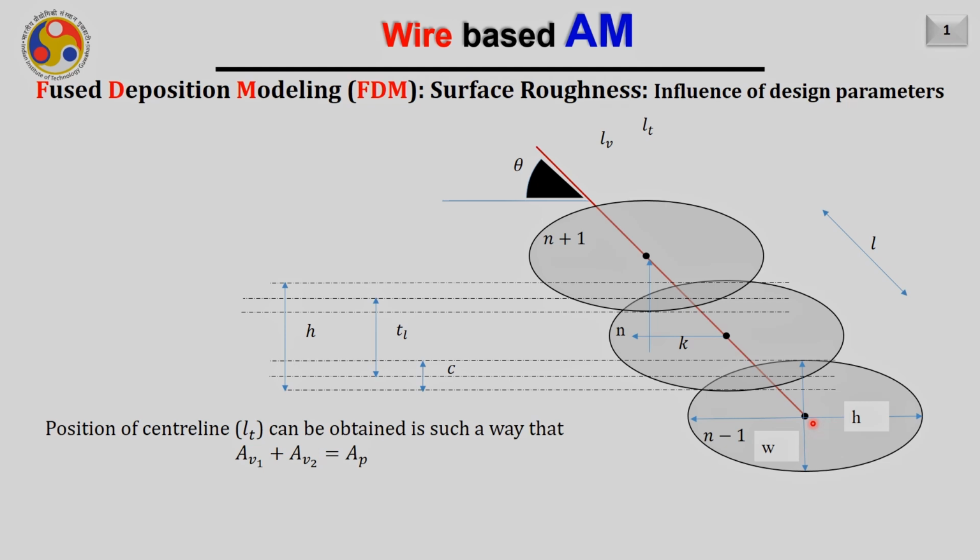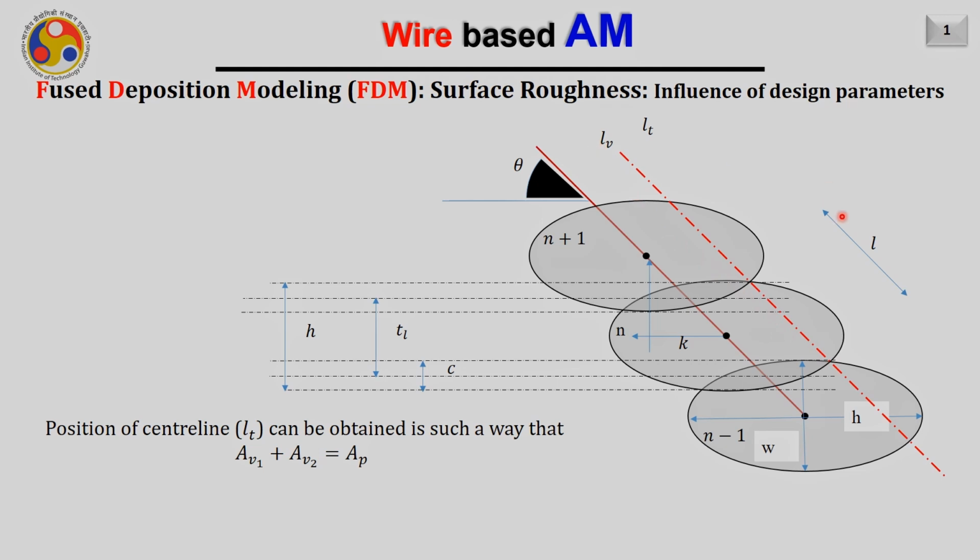First of all, we will connect each and every center of these deposited beads, and that will represent your slant wall along which you are trying to deposit the material, which is at an angle theta. Now draw another line parallel to this but passing through the intersection points. Or in other words, if I connect these intersection points also, that line will also be parallel to the line shown here in brown color. That line is shown here in red color.